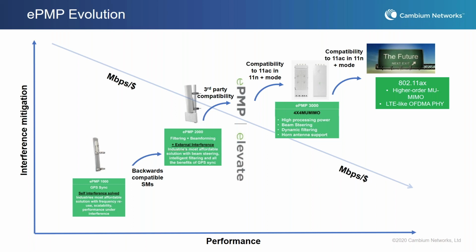We have two point-to-multipoint solutions. ePMP is the cost-affordable one, and we also have the carrier-grade one, which we call the PMP 450.